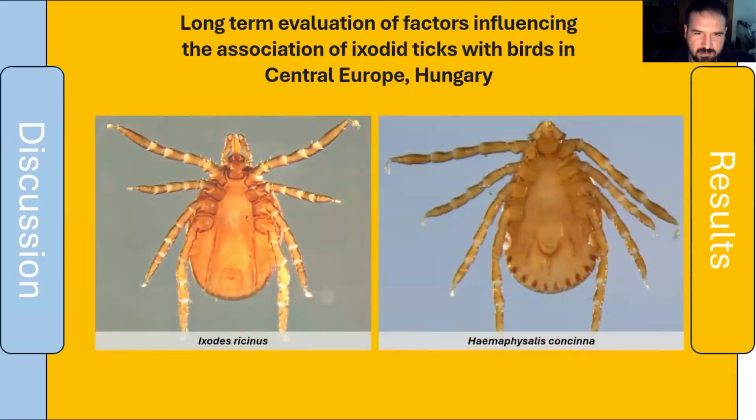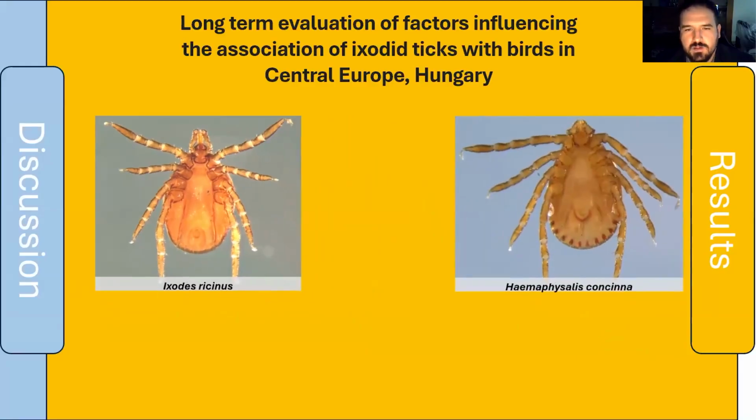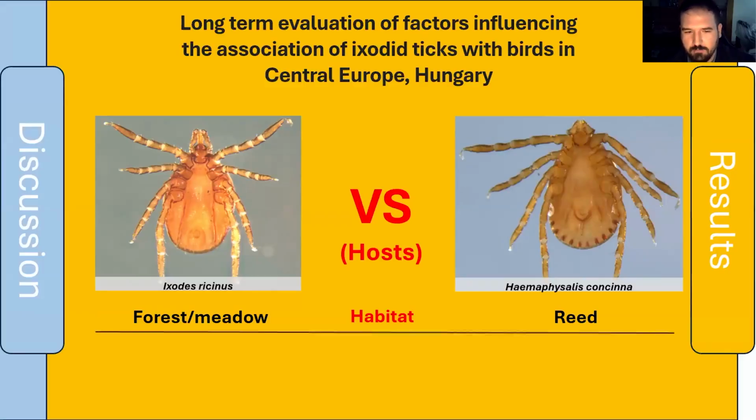Based on this, we decided to compare the hosts of Ixodes ricinus and Haemaphysalis concinna, the two most abundant species during our study. Based on host attributes, we first examined the habitat of the hosts. There was a significant difference between the two species: Ixodes ricinus was most common on forest or meadow habitat birds, while Haemaphysalis concinna was by far the most common on reed-associated birds, especially those three warblers I mentioned before.